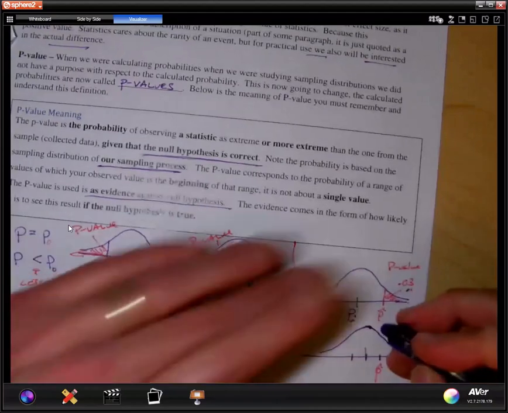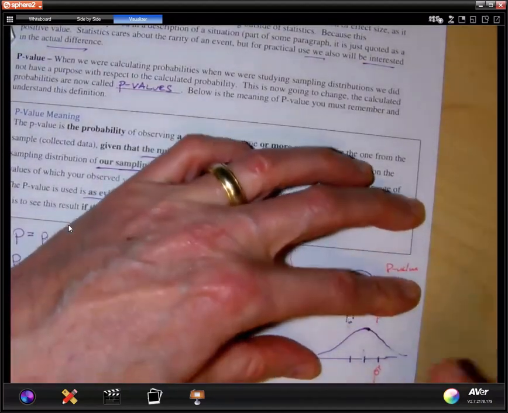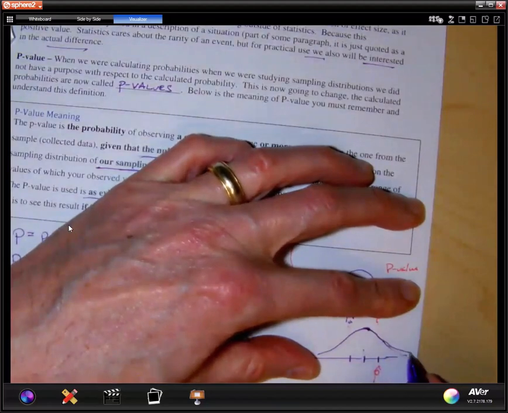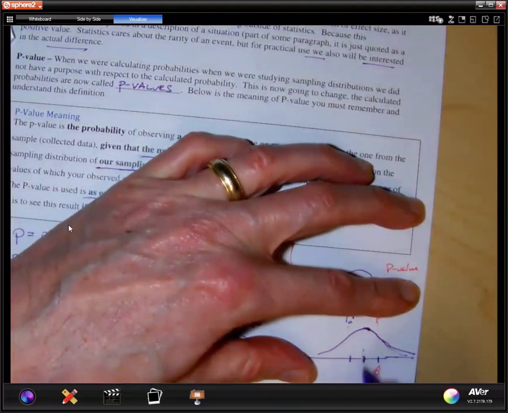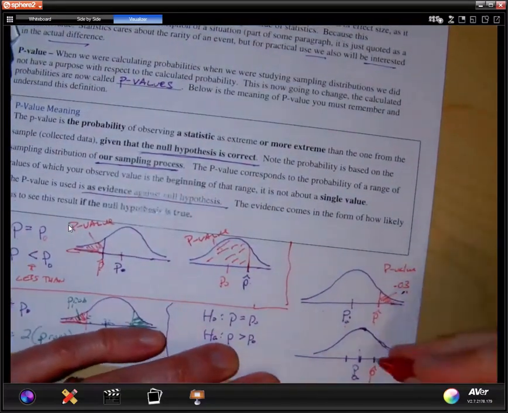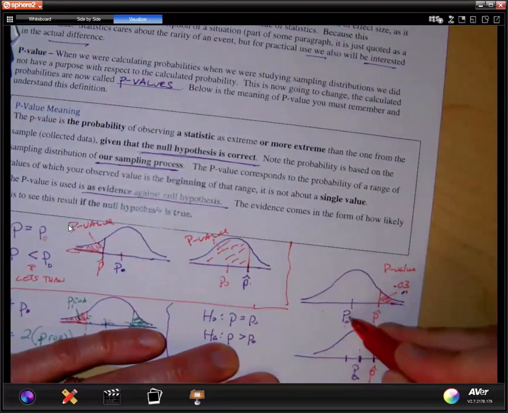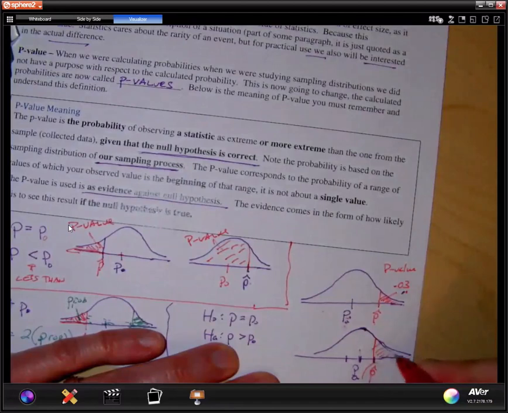Hope you get the idea. So this is some other, I'm going to call it the alternative, which I don't know what it is. But in our minds, we might think the reason we got such a rare thing is because this is not correct. It's really here. And now that explains this value.